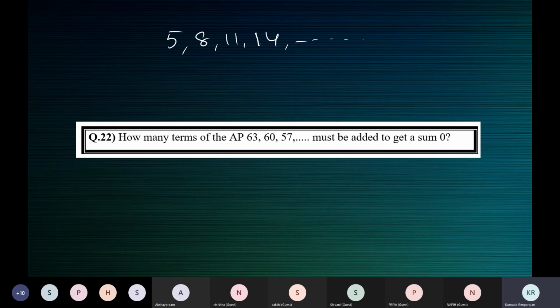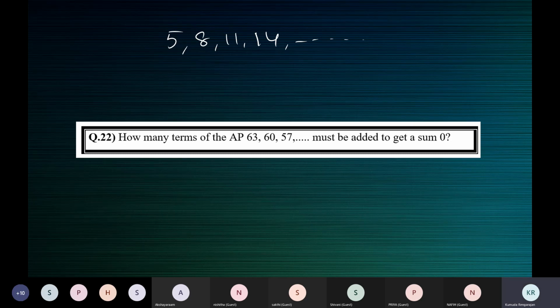See, it's 63, 60, 57, 54, 51, 48, 45, 42, 39, 36, 33, and it goes down like that. At some stage, it will become 0, then minus 3, minus 6.